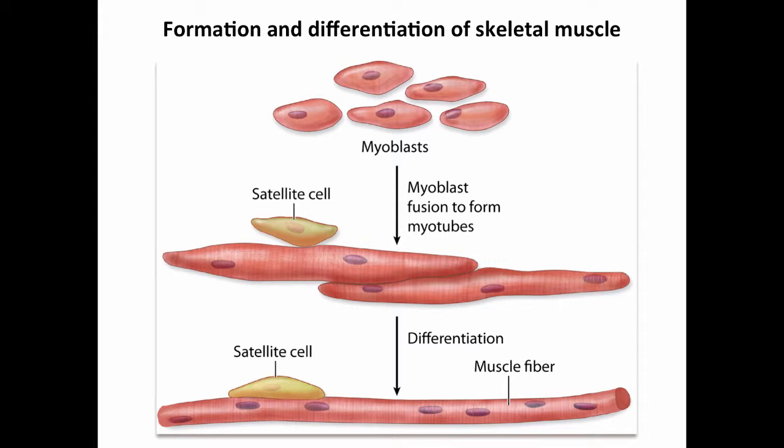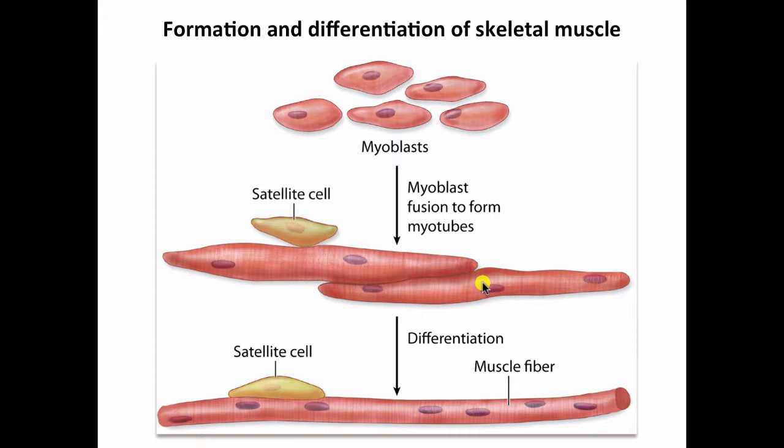Skeletal muscle fibers are multinucleate, and they are formed by the fusion of many hundreds of myoblasts forming a multinucleate myotube. These myotubes then manufacture the specialized myofibrils that fill each muscle cell.